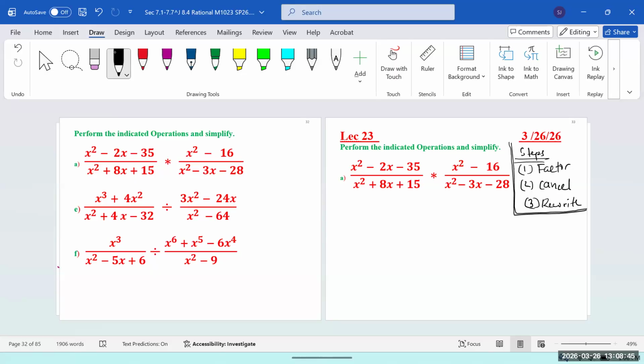Okay, so let me pick a volunteer. J, the first one, the top left. Two numbers multiplied to 35 combined to 2. 35 is not divisible by 15. When you see 35, what number comes to your mind?